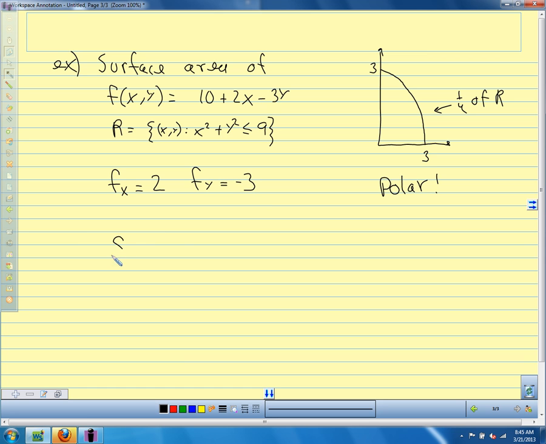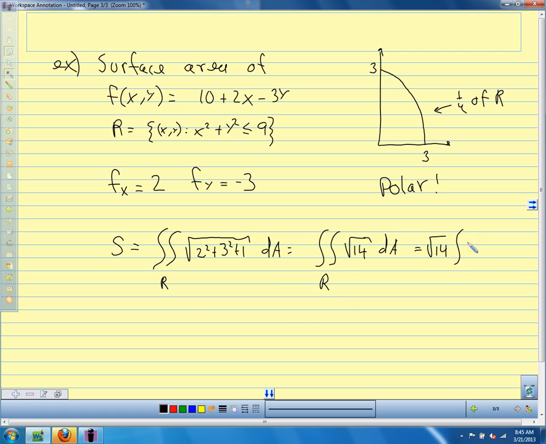So our surface area is going to be the integral over our region, and I'm not going to write our limits yet, of the square root of 2 squared plus 3 squared plus 1 dA, equals the double integral over our region of the square root of 14 dA, equals the square root of 14 times our double integral of dA.